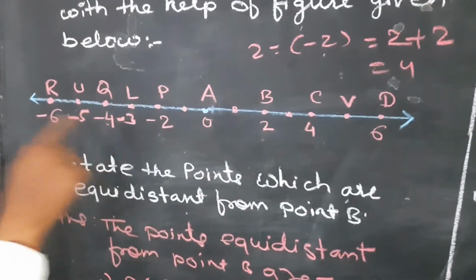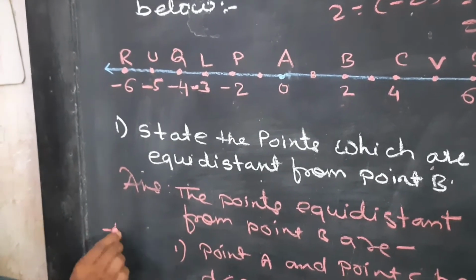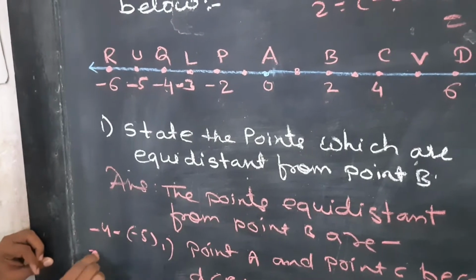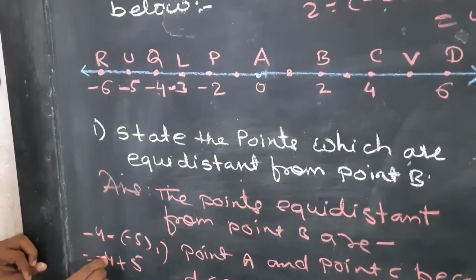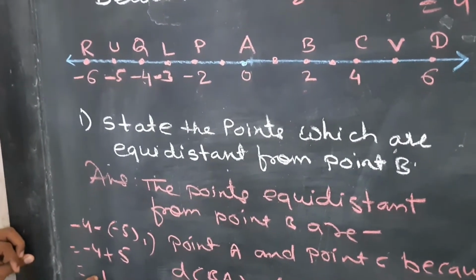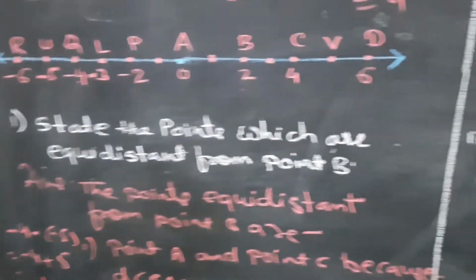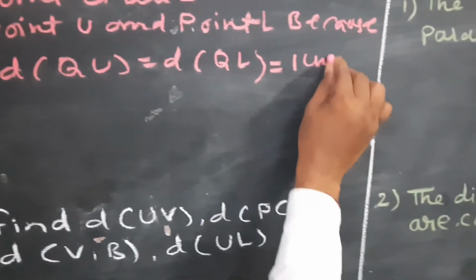So which number is greater here? -4. If you subtract -5 from -4, then minus and minus will become plus, and 5 minus 4 becomes 1. We always put the sign of the greater number, so your answer will be 1 unit.